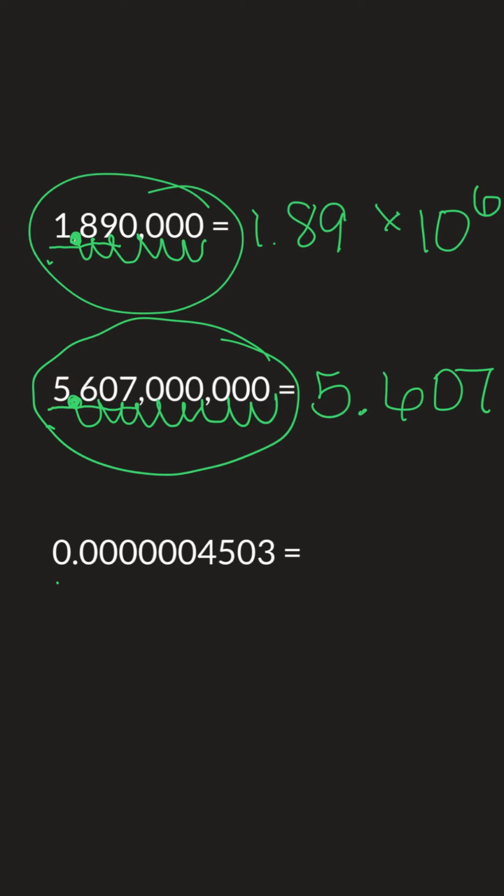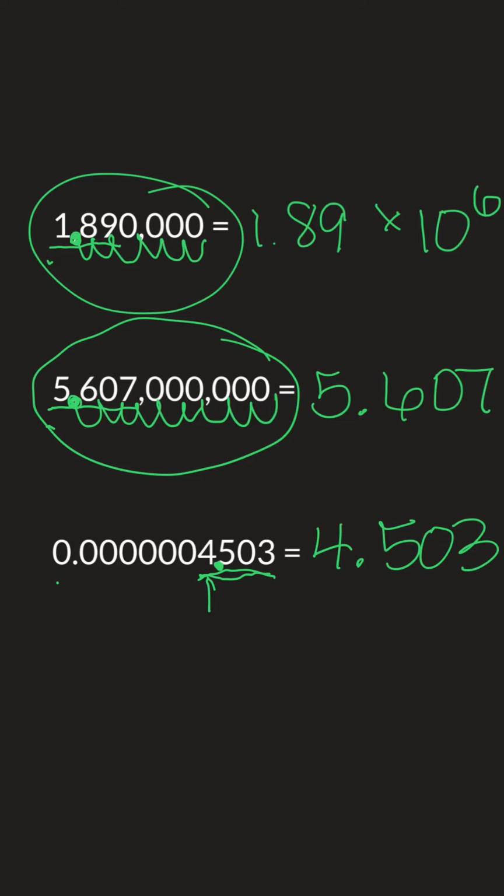Now you can see down here on this number, I purposely gave you one where it's less than 1. So this number, we're going to have a negative exponent. Again, I just underlined all the non-zero numbers. I'm going to look at this first one here and put a decimal point right behind it. And so I'm going to write 4.503 times 10 to the something.